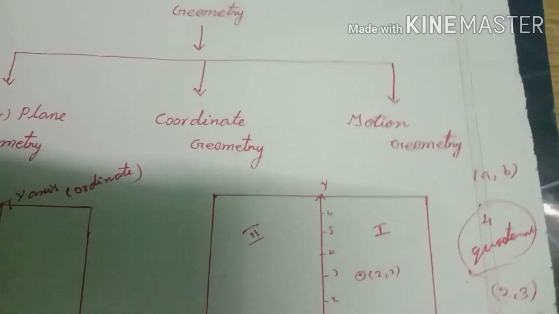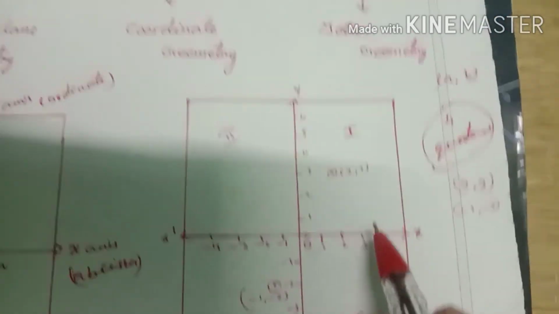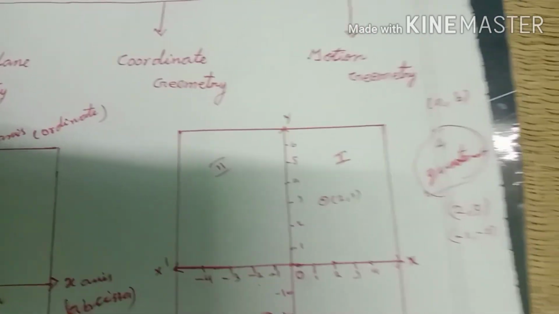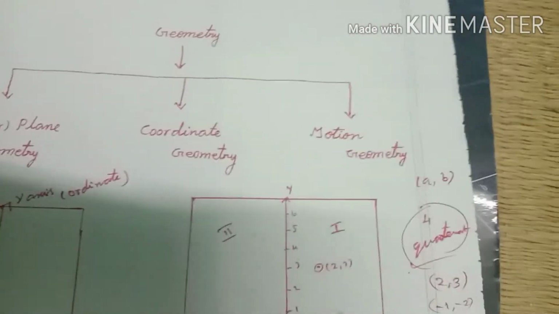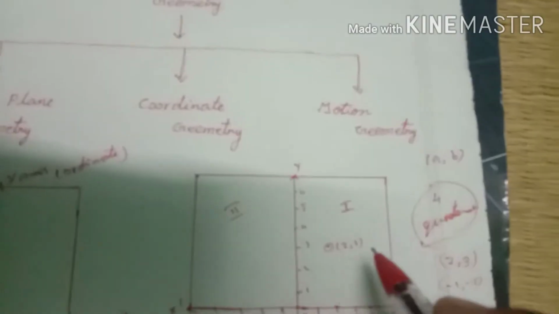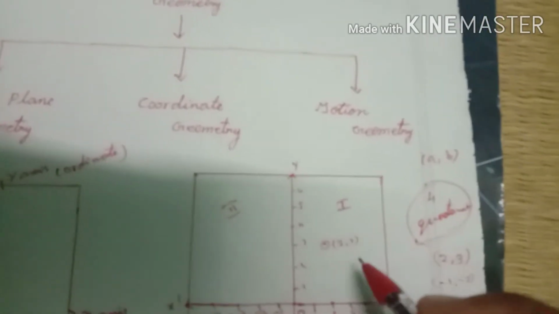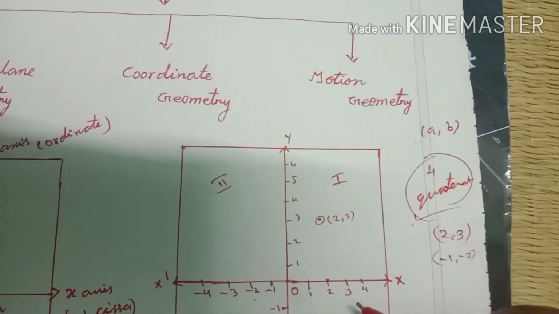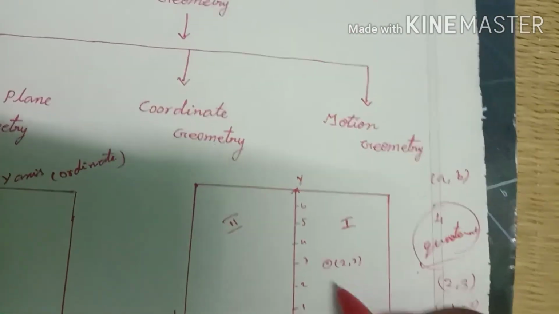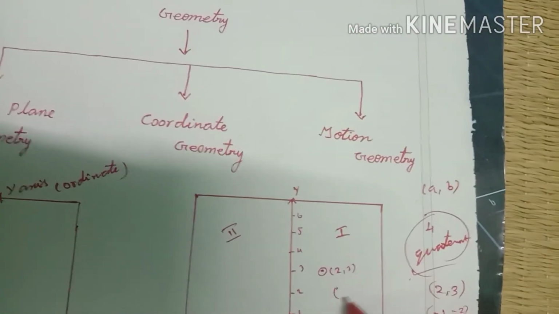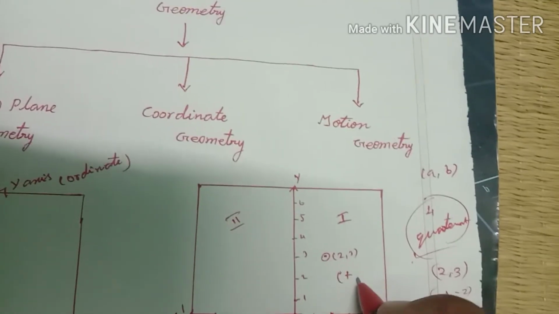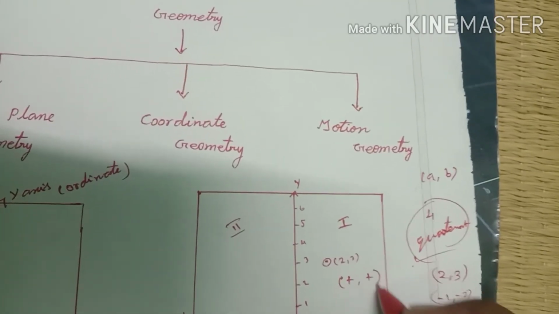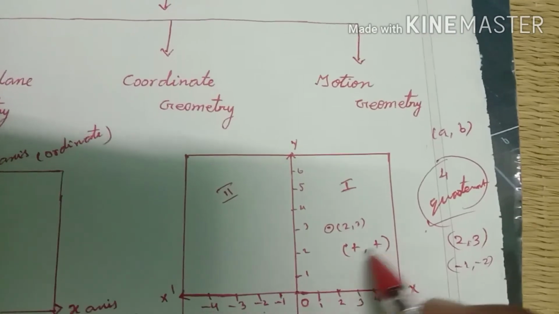The surface is divided into 4 quadrants, and points lie in these quadrants. One by one we will discuss. In the first quadrant, x is plus and y is plus, so plus comma plus.